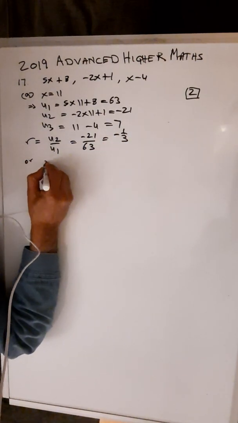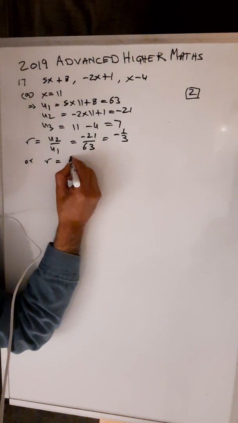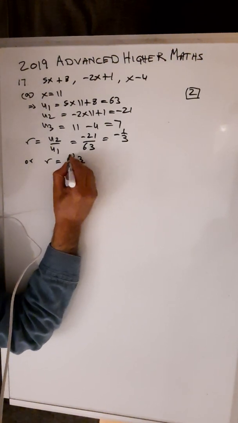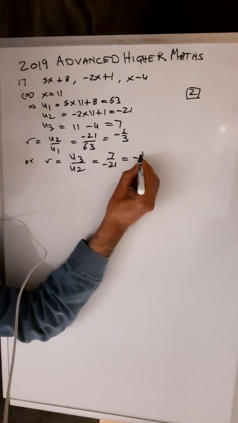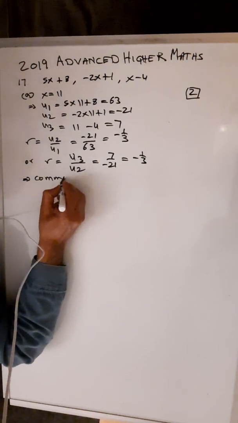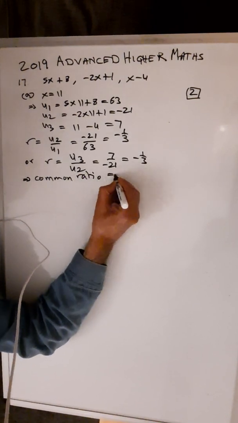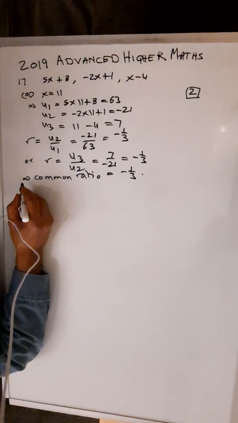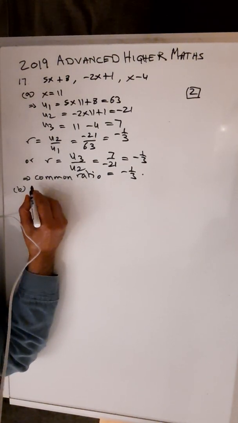Or r is also equal to u3 over u2, which is 7 over -21, which is also -1/3. So the common ratio equals -1/3.